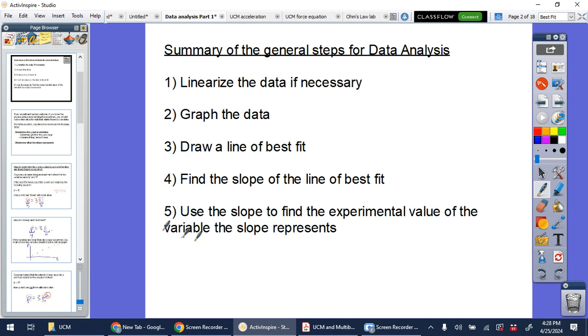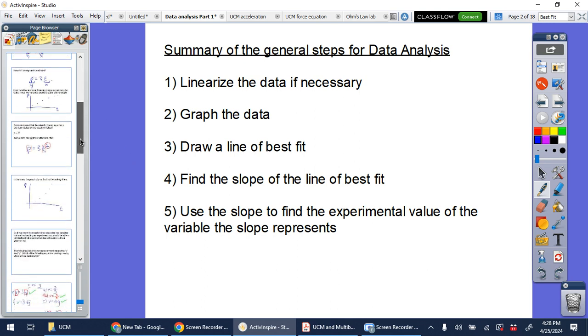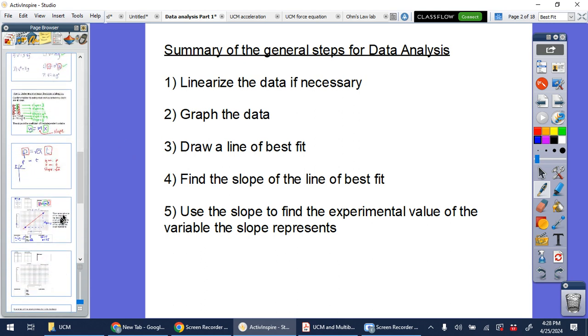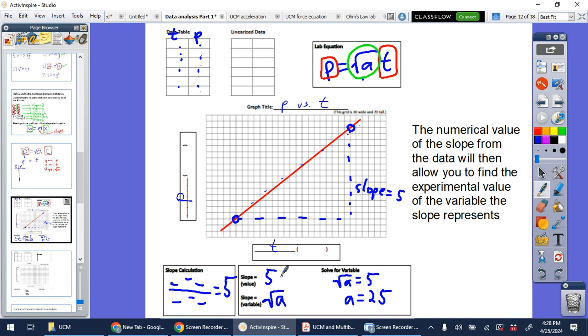But this is universally one of the final steps in doing a lab analysis: setting the value of the slope equal to what the variable of the slope was supposed to be, right? This comes from your graph. This comes from your equation. Set them equal to each other and solve, right?